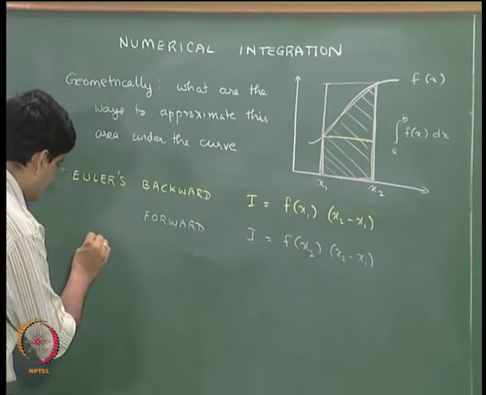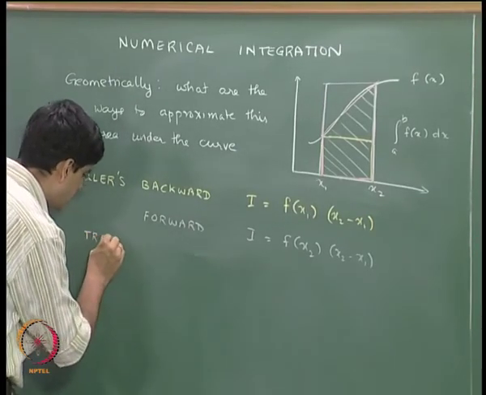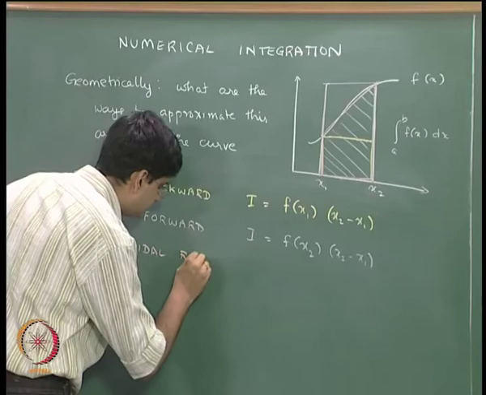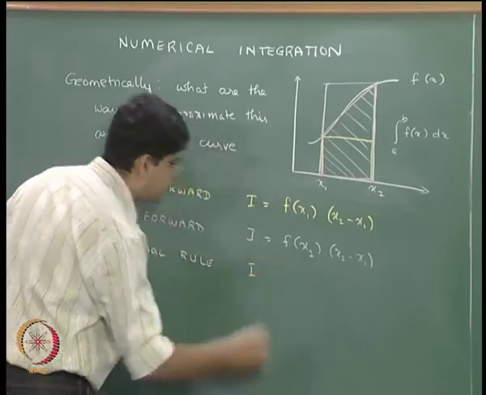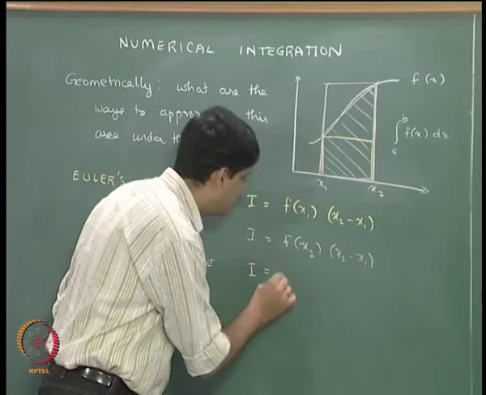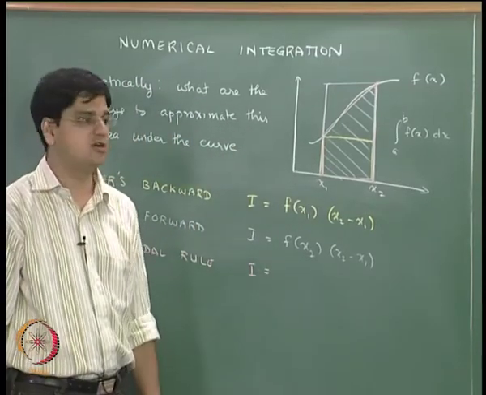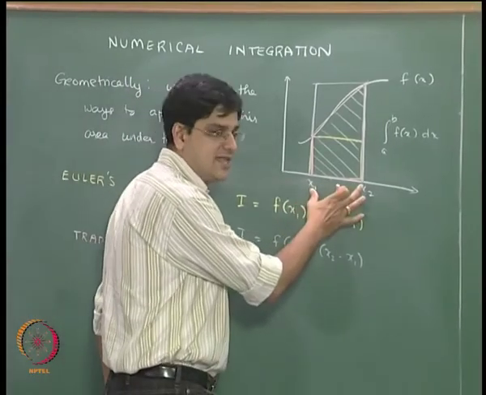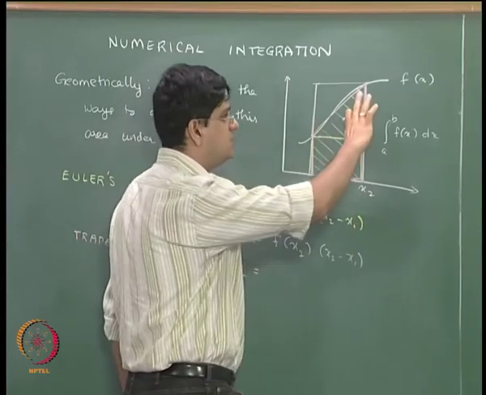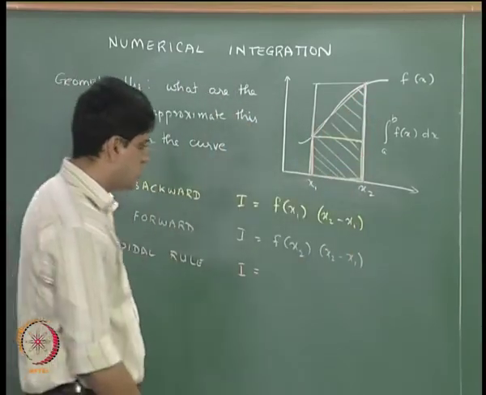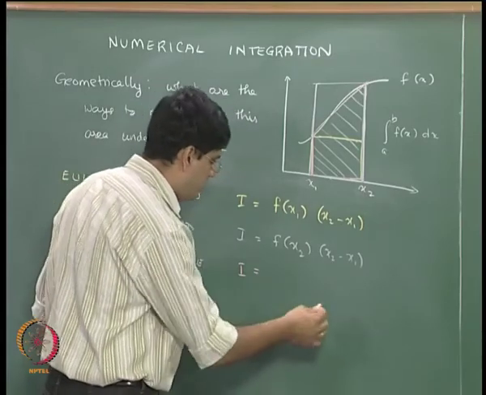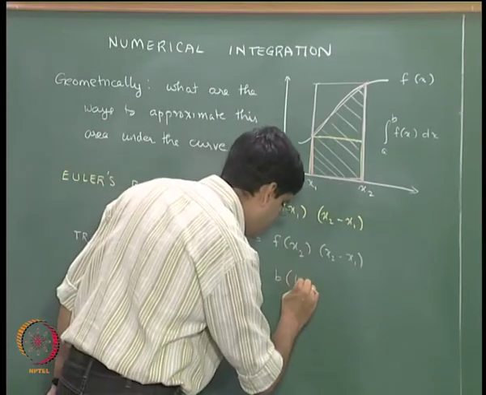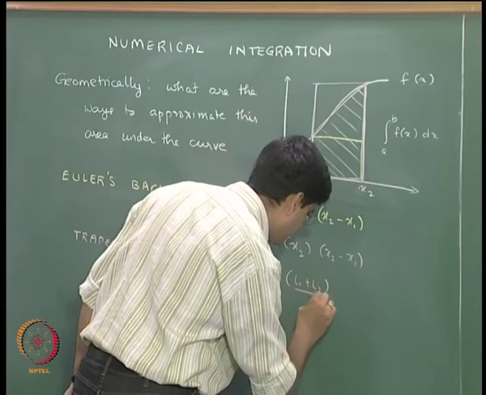forward method. And the third method that we talked about is called the trapezoidal rule. Okay, and in trapezoidal rule I is going to be equal to the area under the trapezoid. The area under the trapezoid, if we remember from our basic geometry, is nothing but this length multiplied by this length plus this length divided by 2. So the trapezoidal way is going to be b, that is the breadth, multiplied by L1 plus L2 divided by 2.